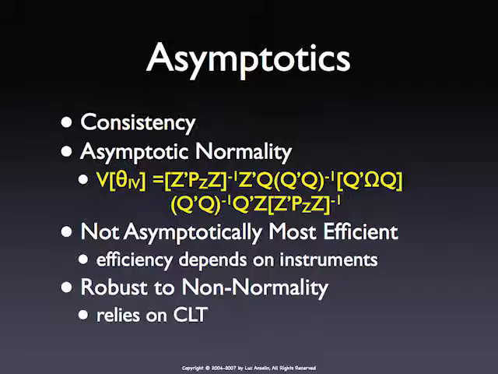I've not gone into much technical detail about it, but the key was to show that this Q prime u divided by the square root of n had a limiting normal distribution. That is where the normality comes from that you use in your asymptotic t-test.